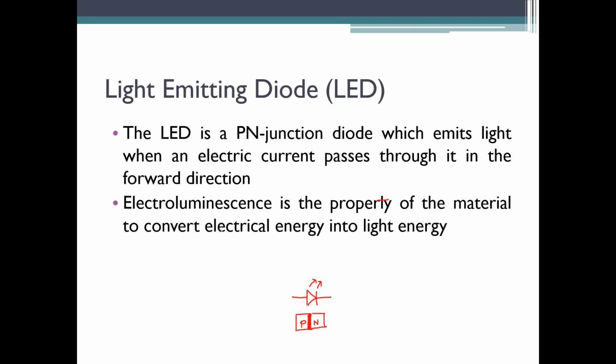Here I need not say it's electrical energy itself, it can be any form of energy. But normally when you want light energy as output, the input will be electrical energy itself.